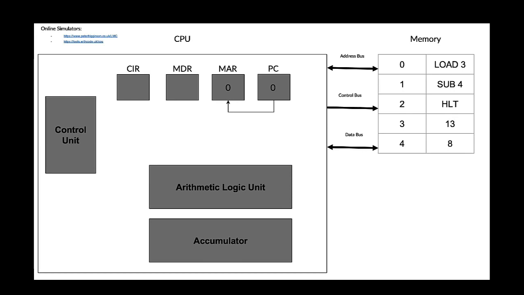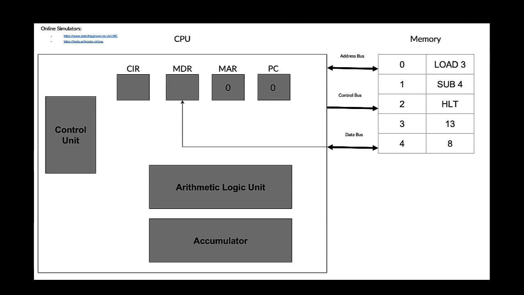As I mentioned, MAR holds the address of the next value or instruction to be fetched or stored. When it's stored, MAR sends it to the memory through the address bus, and RAM sends back the value of this address via the data bus to the CPU.